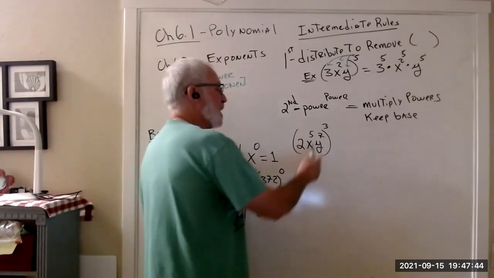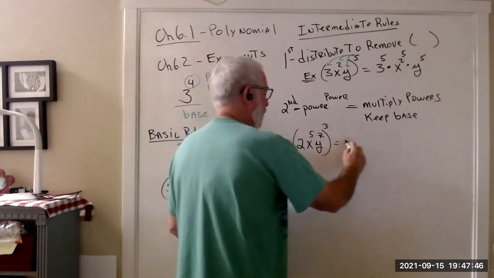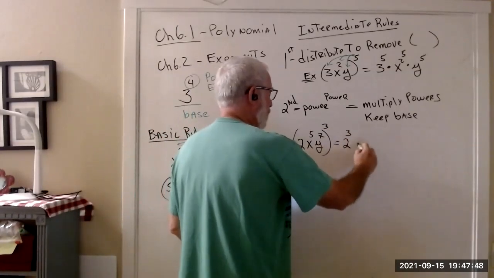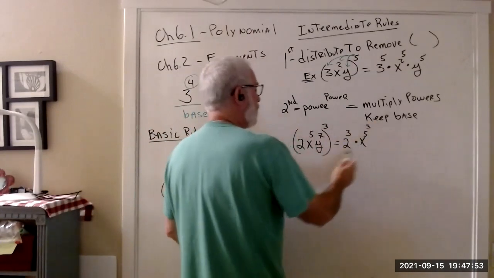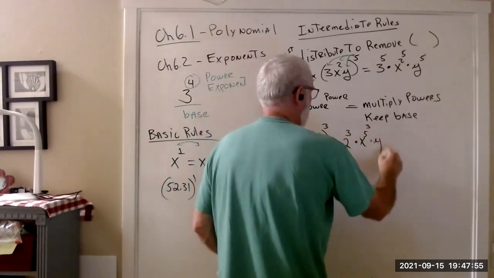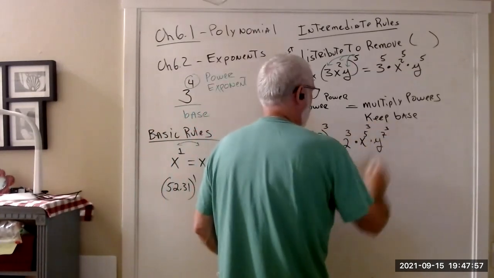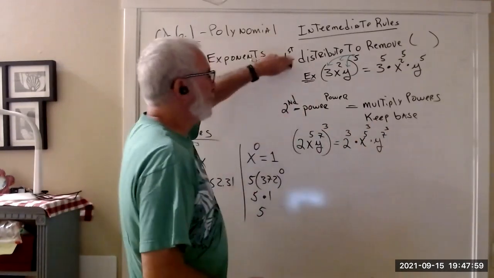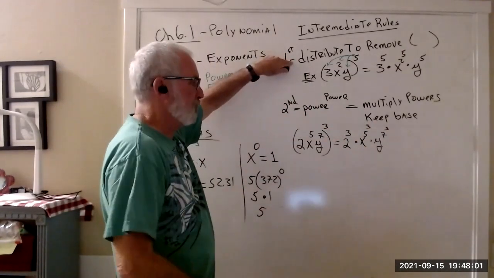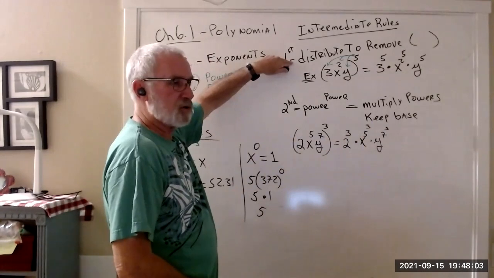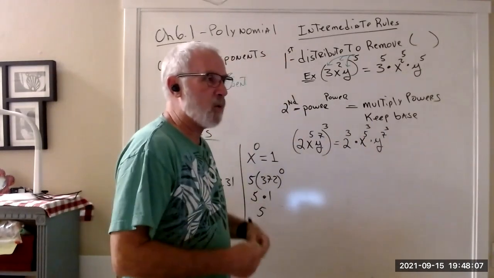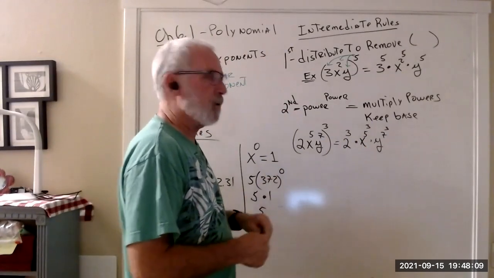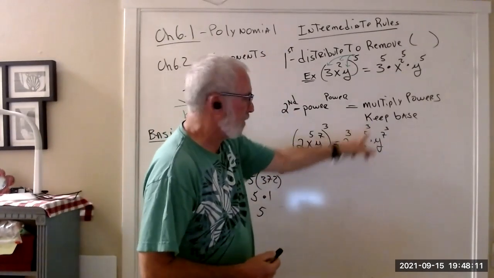Well, the first thing I do is I distribute the power in. So this is 2 to the 3rd times x to the 5th to the 3rd times y to the 7th to the 3rd. And that was rule number 1, distribute to get rid of the parentheses. Rule number 2 says, do you have a power raised to a power? Well, yeah, I do right there.